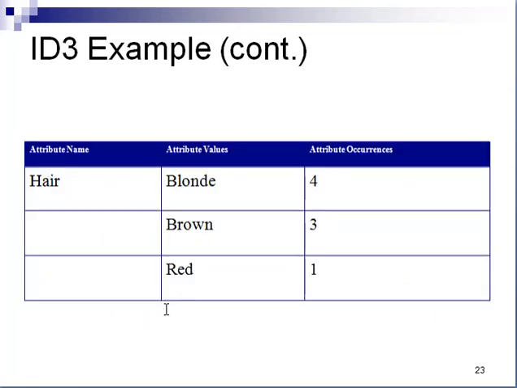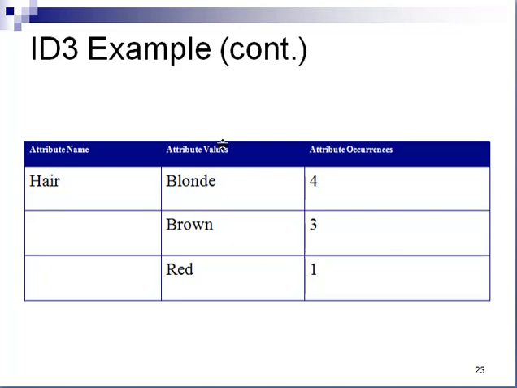If we look at the attribute named hair here, we will see that this attribute can have three possible values. You can confirm this from the data set. It can either be blonde, brown, or red.